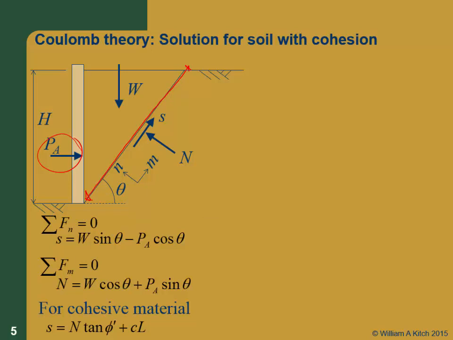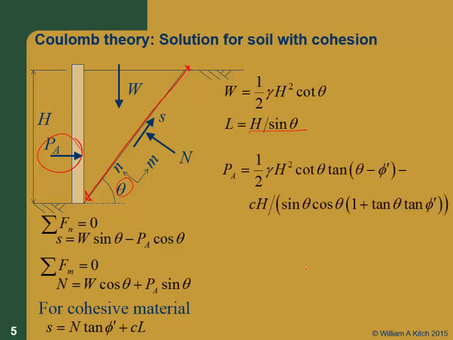That's the only thing that's changed: my shear force now has both cohesion and frictional component, right? Everybody with me? Otherwise, it's the same. The weight of the wedge hasn't changed. If this is theta, we know h. So the length L is going to be h over sine theta.